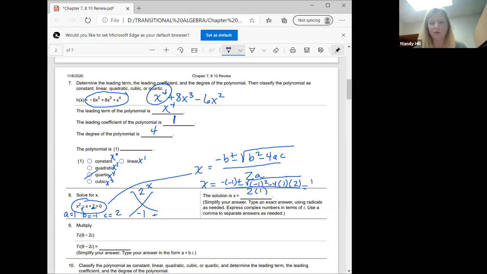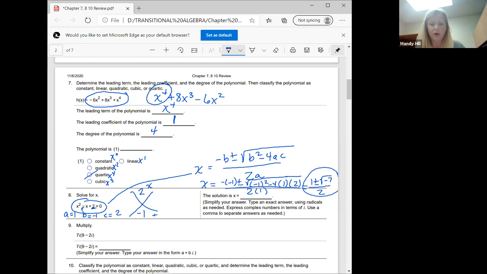Again, I would not try to plug all of this in the calculator at once, but I would try to do this part that's underneath, get it simplified, and then we can see if we can take the square root of it. So I'm typing in -1 squared minus 4 times 1 times 2. That's going to give me -7.